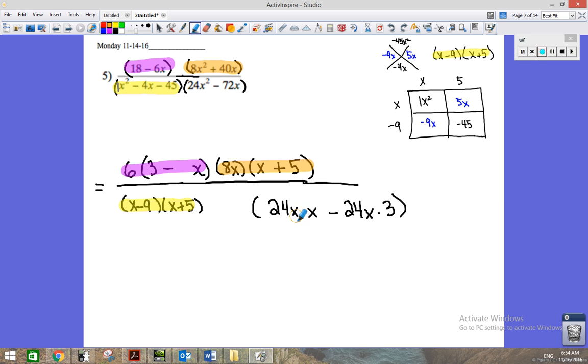So we see that a 24x and a 24x is common to both terms. We can remove that common factor if we write that common factor as multiplication in front of this binomial.